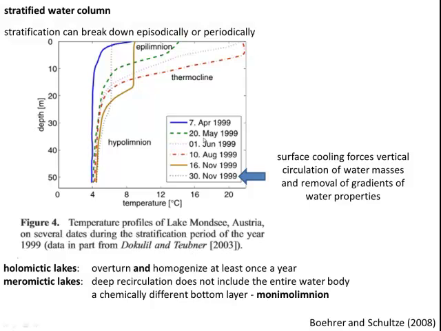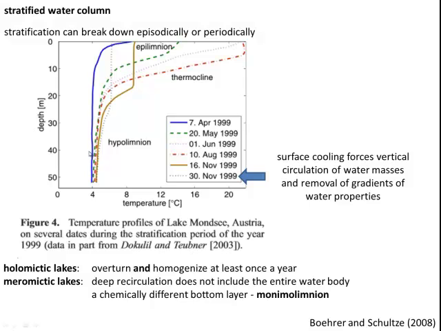So you can see here, for example, in this lake in Austria, you have a very pronounced distinction between the epilimnion and the hypolimnion across a thermocline at around November. But by the end of November, you can see that that has actually broken down remarkably.